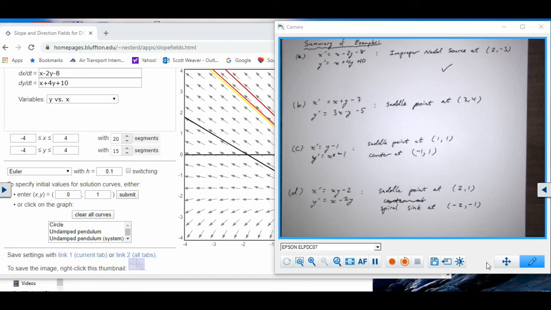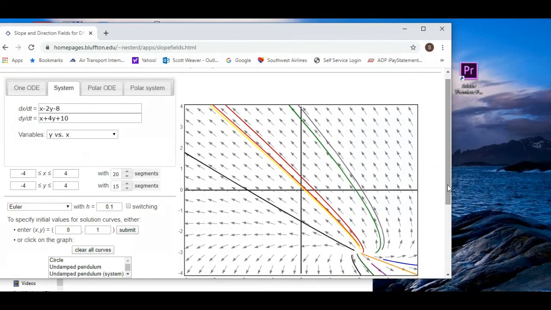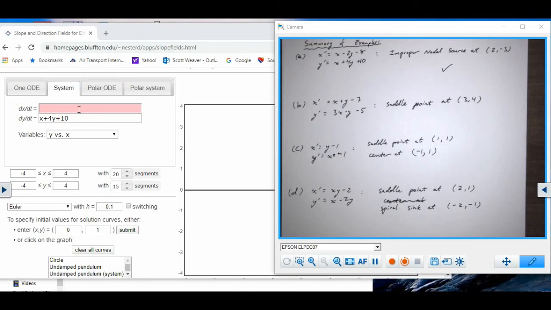Now let's try the second one. We are expecting to see a saddle point at 3, 4 if the differential equation matches differential equation B. So for equation B, my x prime should equal x plus y minus 7.